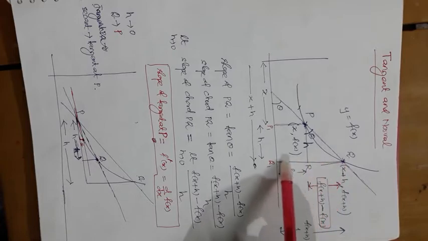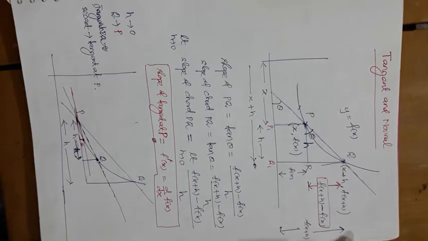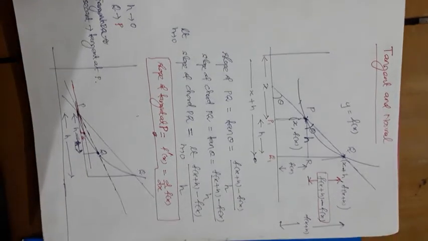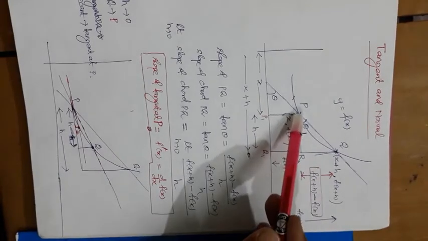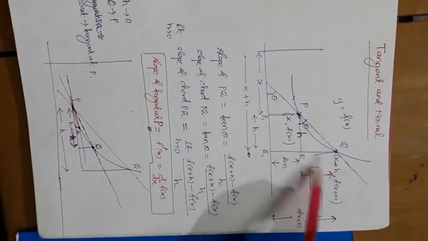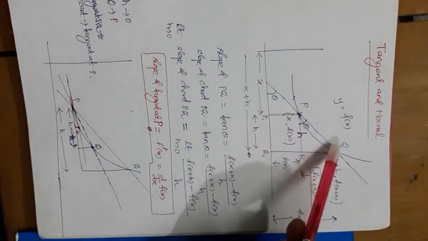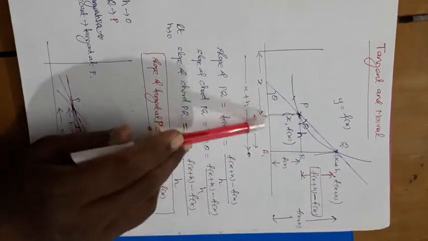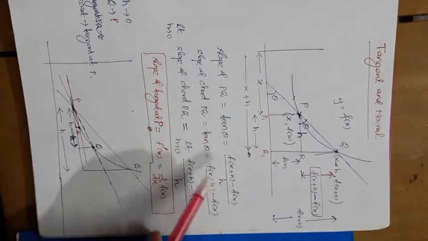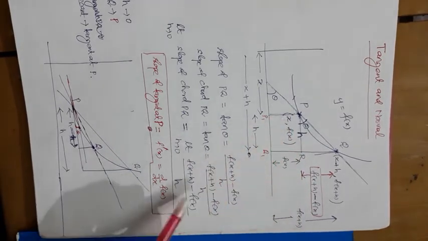The total length QQ1 is f(x plus h), and the length PP1 is f(x). So this length is f(x plus h) minus f(x). This is the perpendicular in this triangle. The base is h. So tan theta is f(x plus h) minus f(x), divided by h.